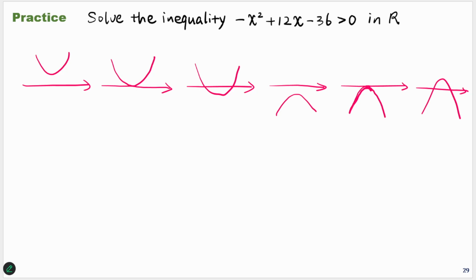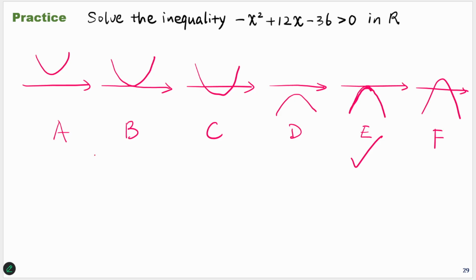Can you double check? Okay, can you sketch this graph? Which one is a correct sketch of this graph? F. F? E or F? Does it have two real roots? No, it's E. Sorry. E, right?